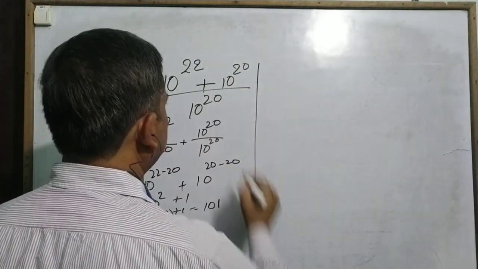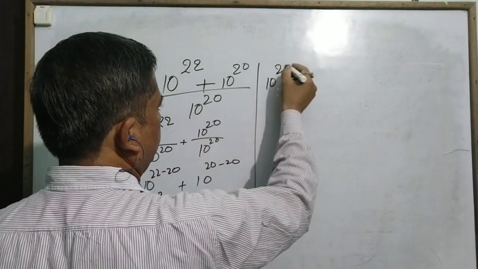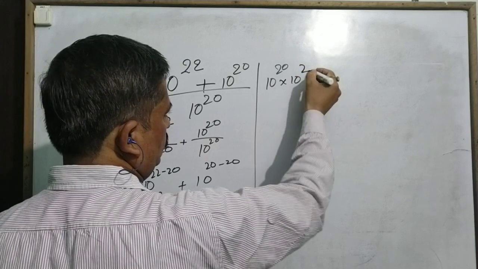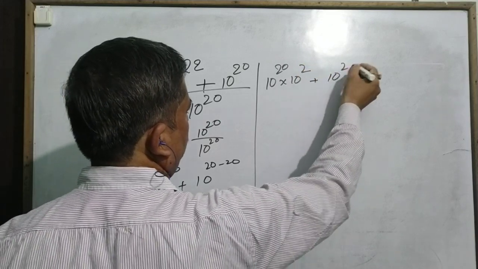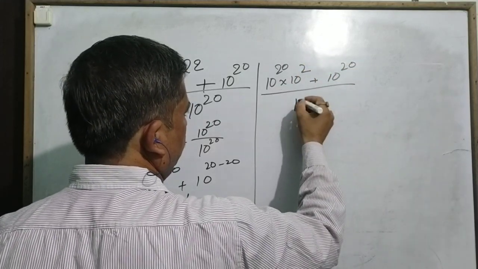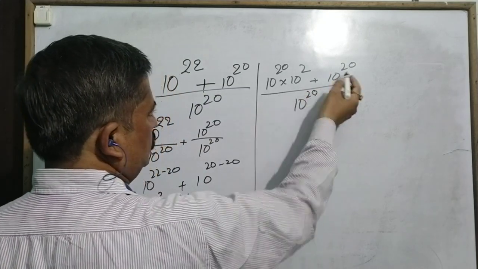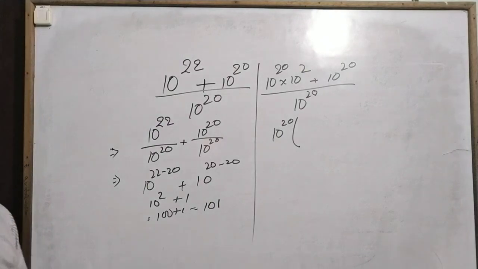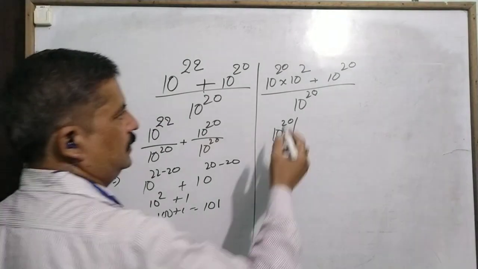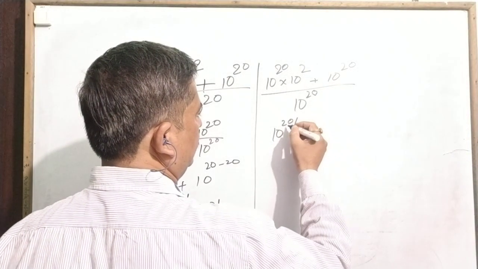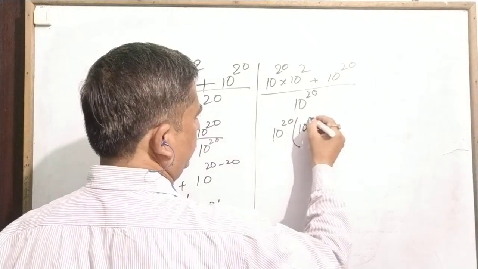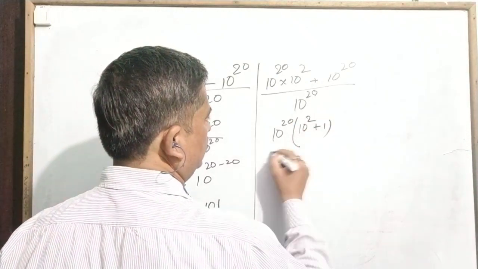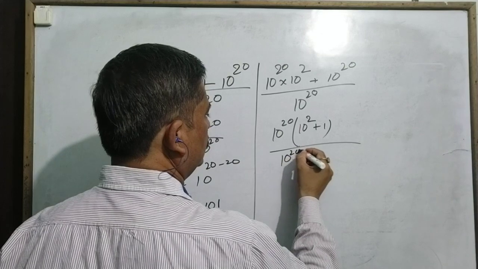If you change 10 to the power 22 into 10 to the power 2 into 10 to the power 20, plus 10 to the power 20, divided by 10 to the power 20, then 10 to the power 20 is common, because both terms have 10 to the power 20. So it becomes 10 to the power 2 plus 1, divided by 10 to the power 20.